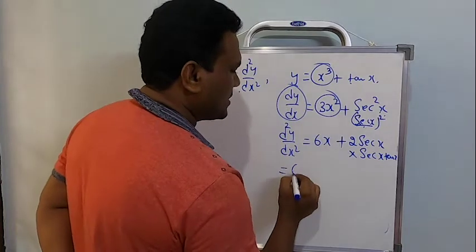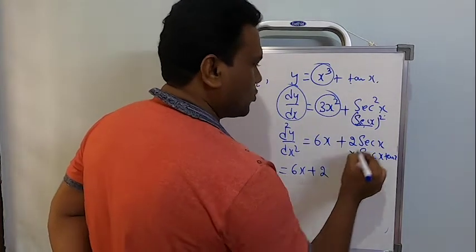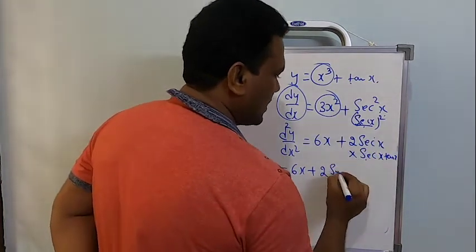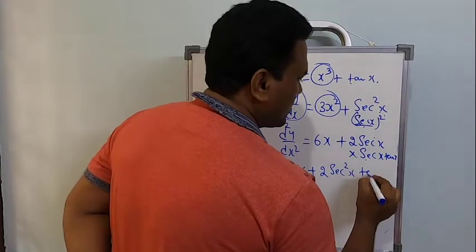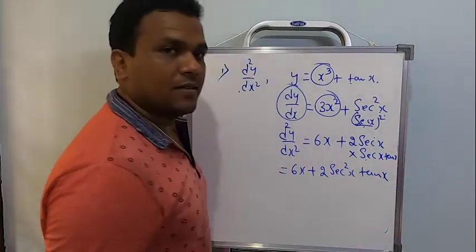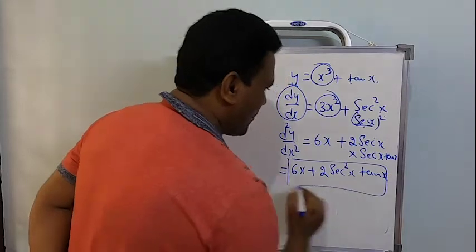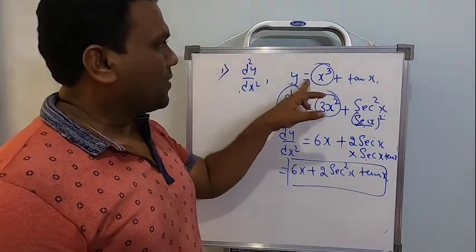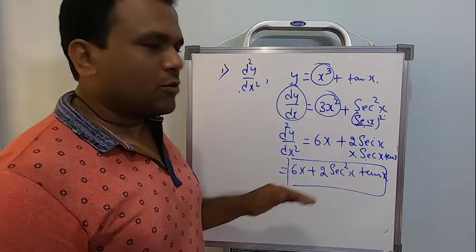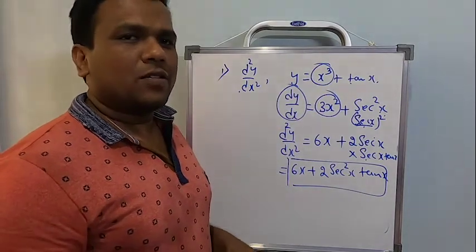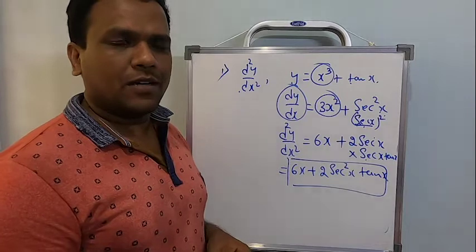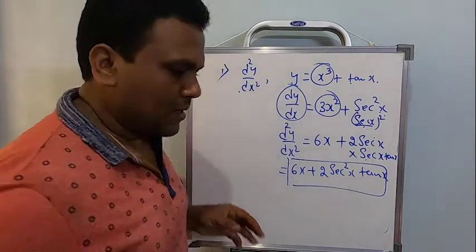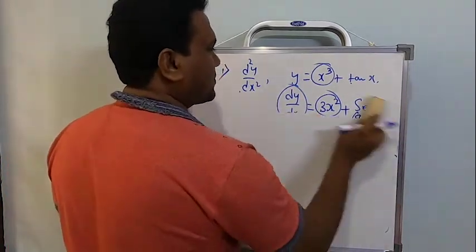If you want, it can be simplified: 6x plus 2 multiplied by secant x into secant x, secant square x multiplied by tan x. What we got finally here will be called the second order derivative of the given function. That's how it should be, nothing new. The same function will be repeatedly differentiated, that's all. Okay, now let's go to the second.